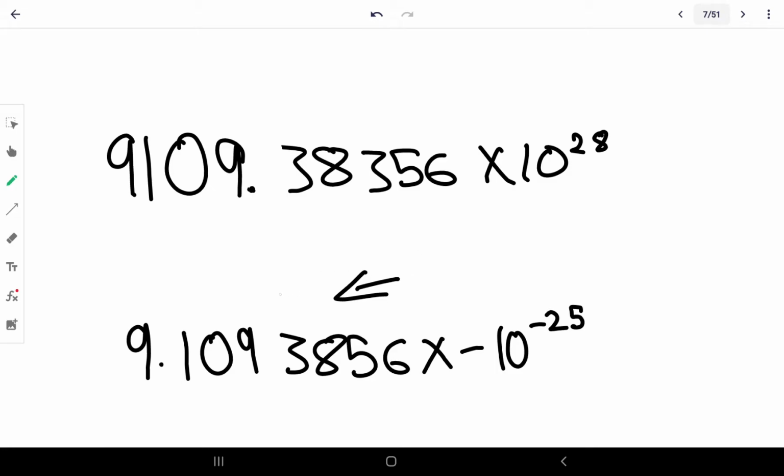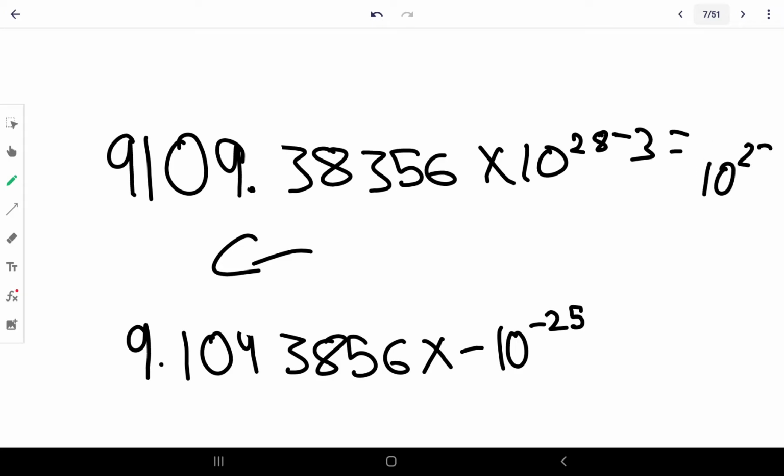I said it completely the opposite earlier, I'm so sorry for that. While it is traveling this side, it would be the negative. So it would be minus 3, which is equal to 10 raised to 25. This would be your answer. But as it is negative, you have to subtract, which is equal to minus 25.